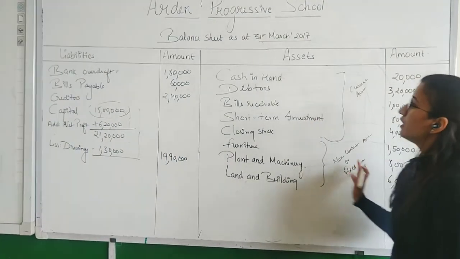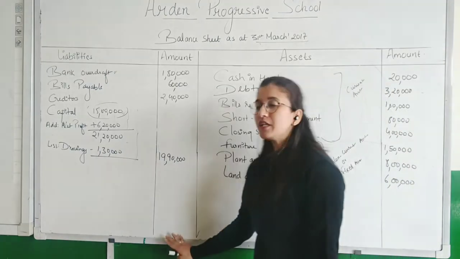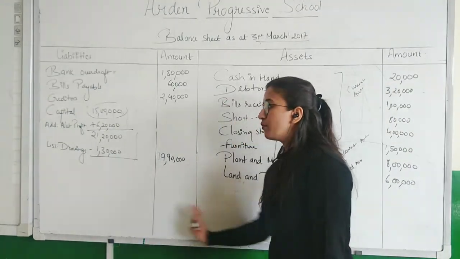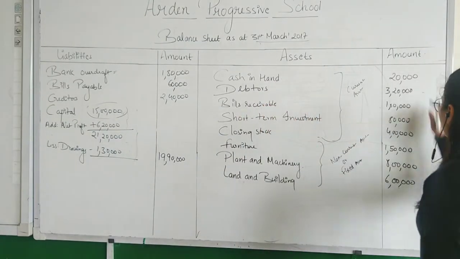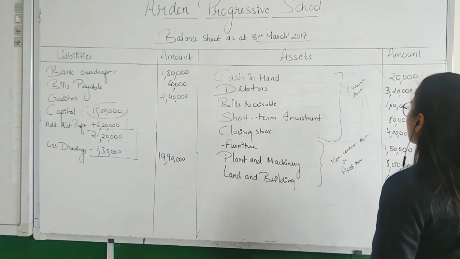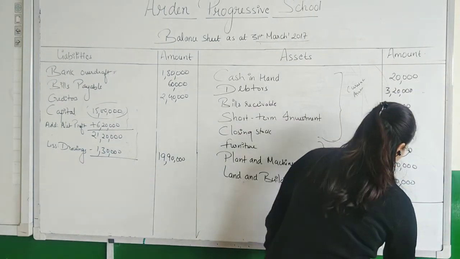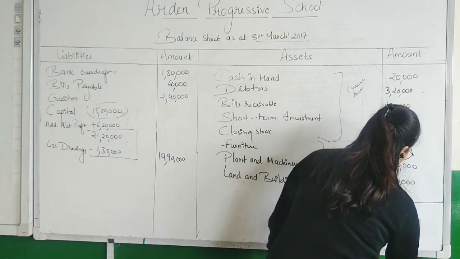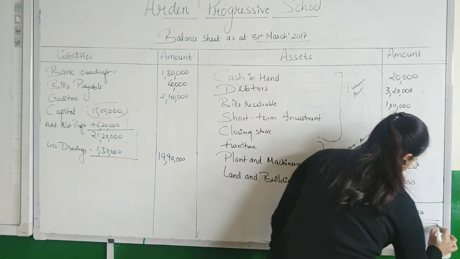Now we will calculate the assets and liabilities sides, and the balance sheet is correct when the totals of both the sides are equal. So first we will calculate the asset side. By totaling all the items of the asset side, we get the total amount of assets amounting to rupees 24,70,000.